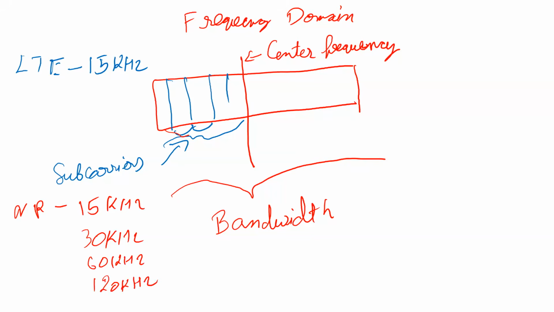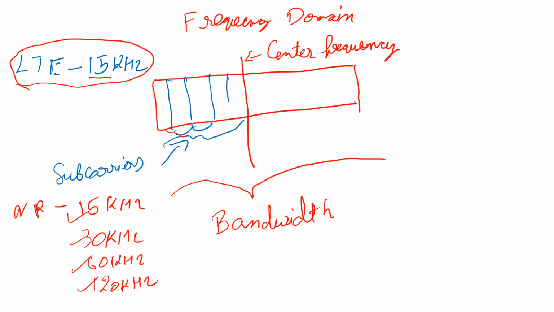We'll discuss in detail. But at this moment, just remember that in LTE, subcarrier spacing is fixed at 15 kilohertz, but in 5G, subcarrier spacing can be 15, 30, 60, or 120.